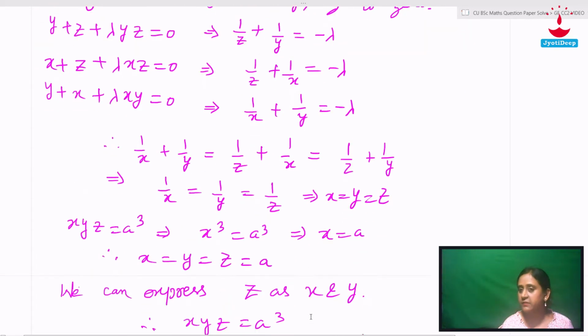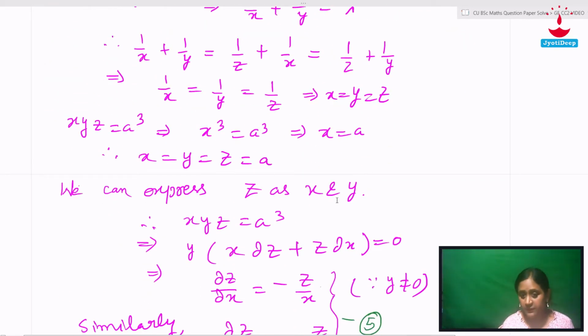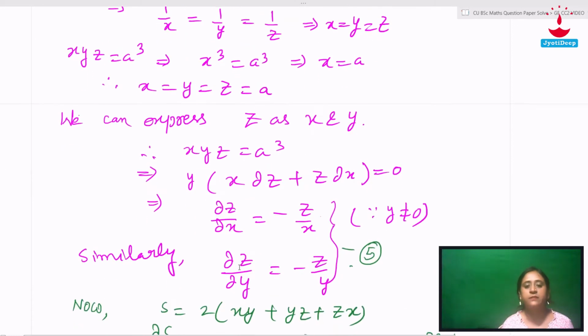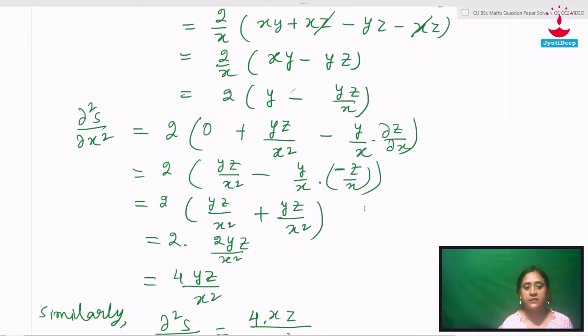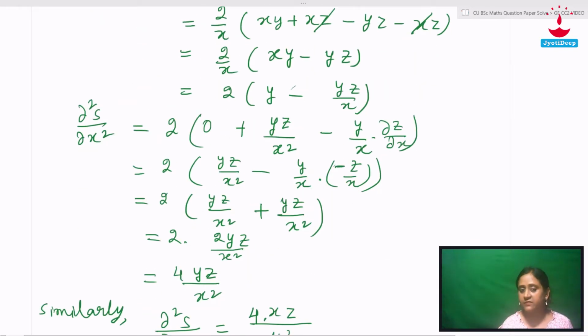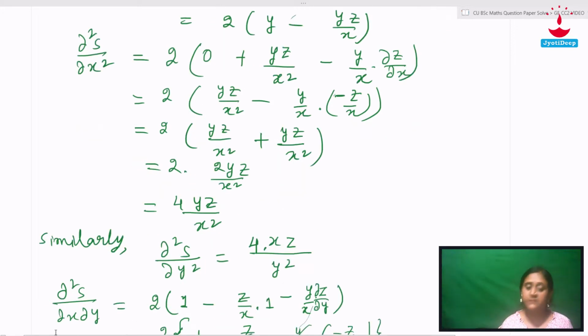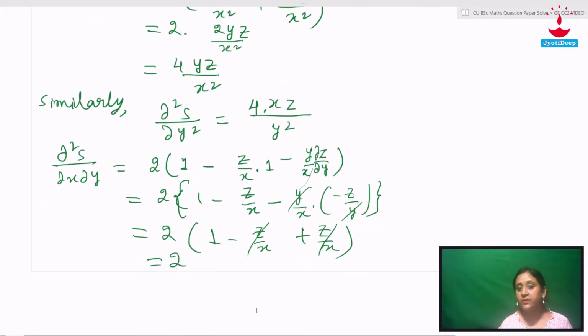We express z as x and y, okay, that is del z by del x minus z by x, del z by del y minus z by y. Then we differentiated s with respect to x, del s del x, del 2s del x square, del 2s del y square, del 2s del x del y. Okay, understood up to here?